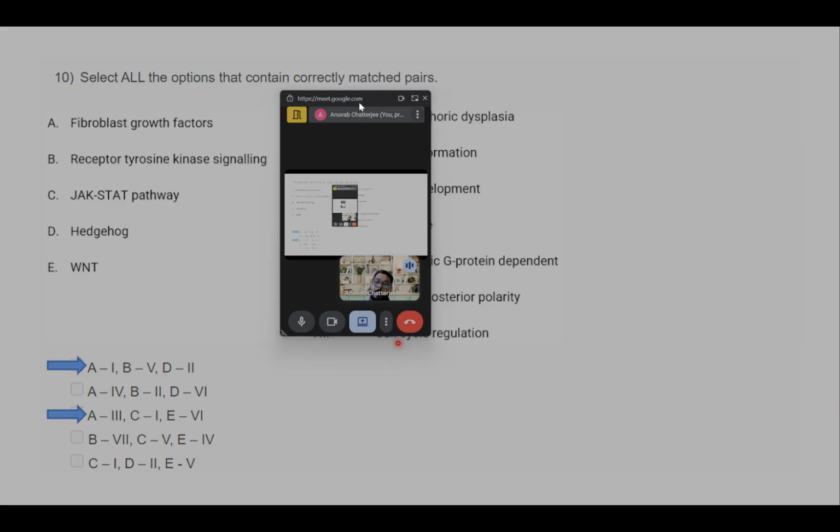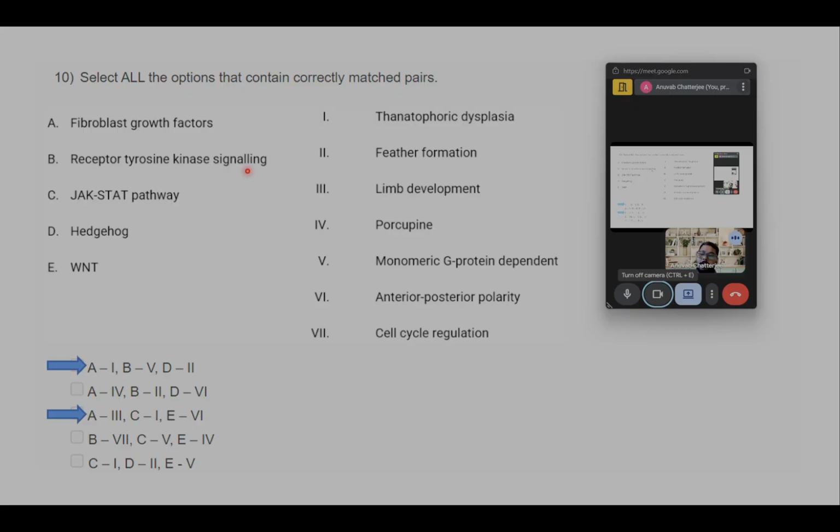So going back, when we start to actually match, looking at the first option, A1, fibroblast growth factors, thanatophoric dysplasia, which is correct. B and 5, receptor tyrosine kinase signaling, monomeric G protein dependent. So RAS, RAF, these are monomeric G proteins as we have discussed.